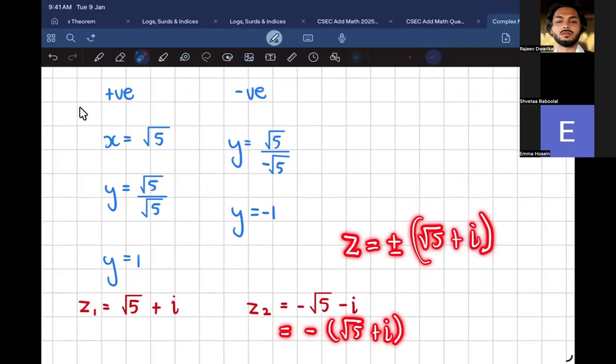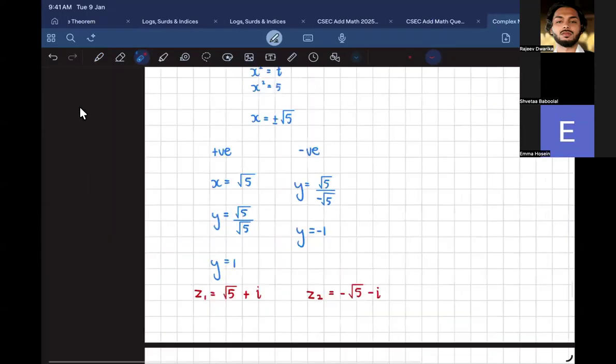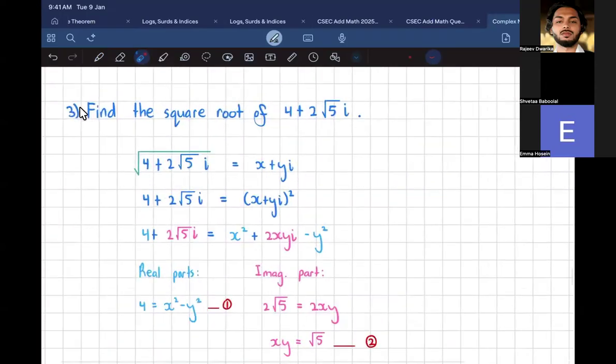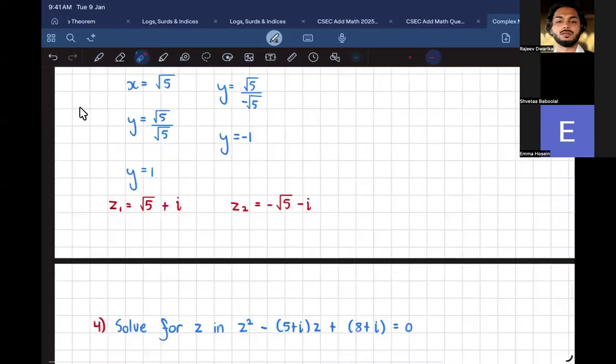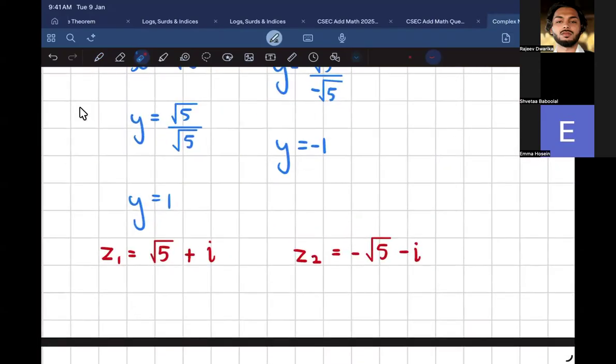Okay, definition of square root: when you find the square root of any number, you get two solutions. And we're trying to find the square root of this number over here. So anytime you're trying to find the square root of any number, be it real or complex, you're always going to get a plus or minus solution. So I could write this by factoring out the negative: that's going to be negative root 5 plus i.